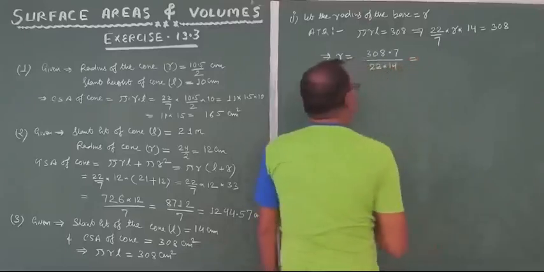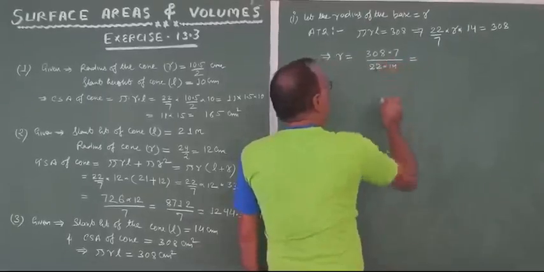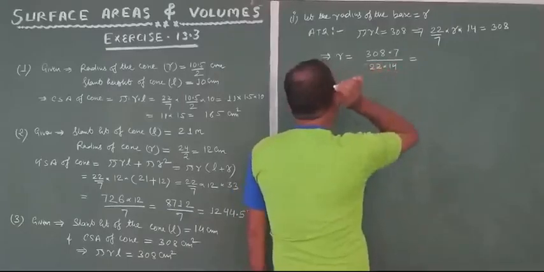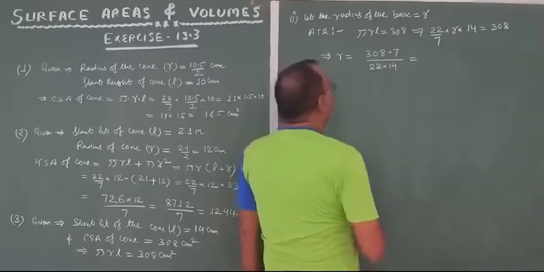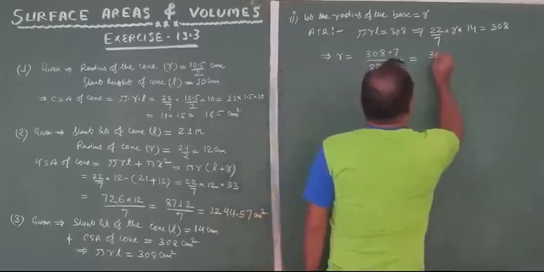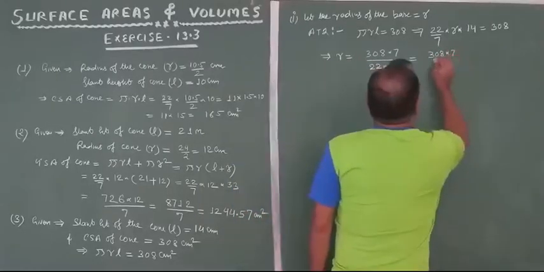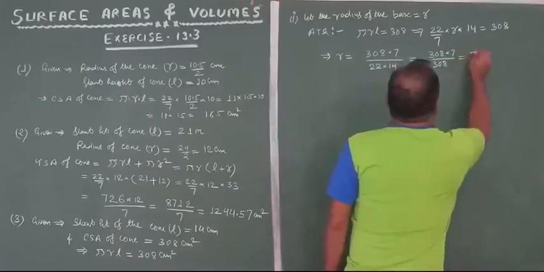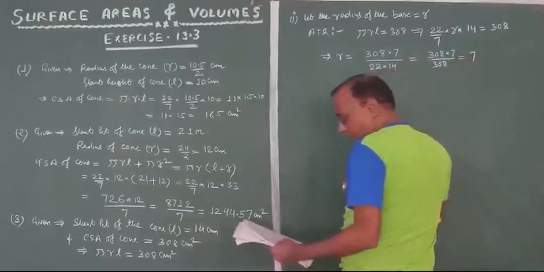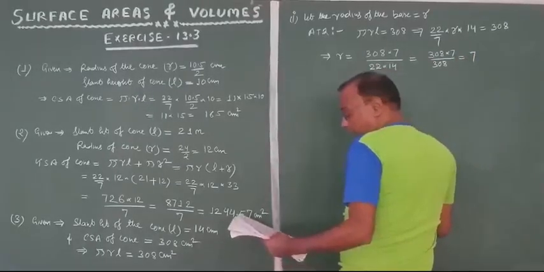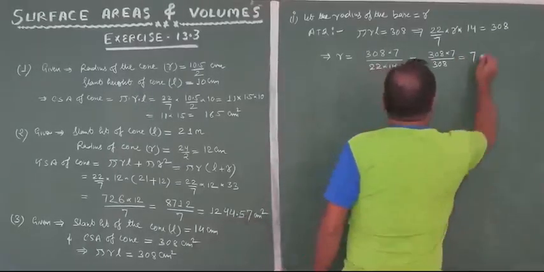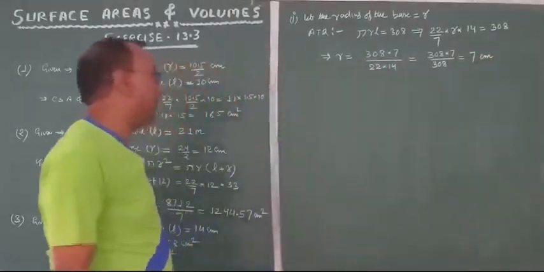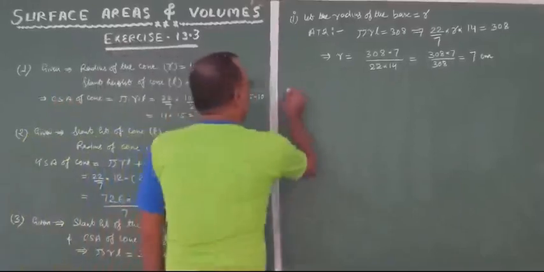Just multiply them. 14 2 ja 28 and 14 2 ja 28 and 2 308. 308 into 7 upon 308. 300, that is 7, and the unit is centimeter. So what is the radius of the base? That is 7 centimeter.